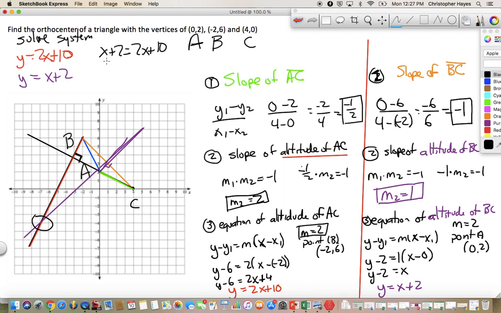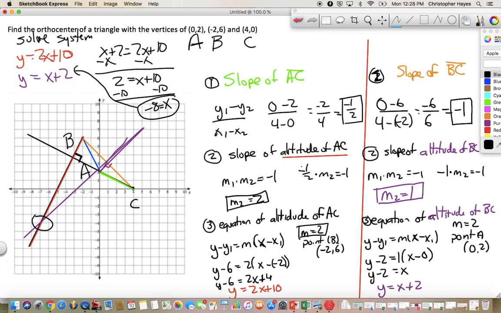If I subtract x from both sides, 2 equals x plus 10. If I subtract 10, I end up with x equals negative 8. Okay, if x equals negative 8, take that negative 8 and I'm going to plug it into this equation right here.